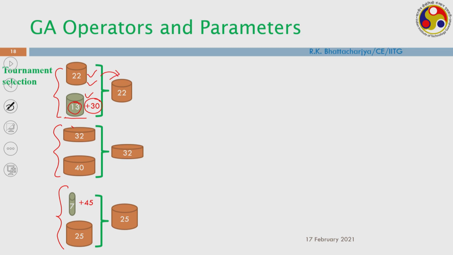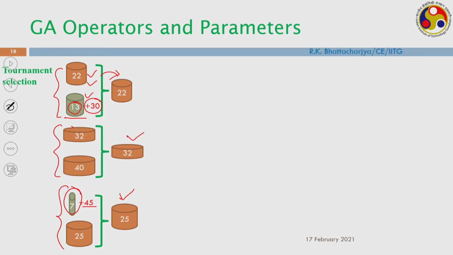In the next trial 32 and 40 are coming and out of these, 32 is the better solution. So, 32 will win the tournament. In the third trial 7 is coming with 25, but 7 is an infeasible solution. The violation value is 45 and therefore, 25 will be selected.